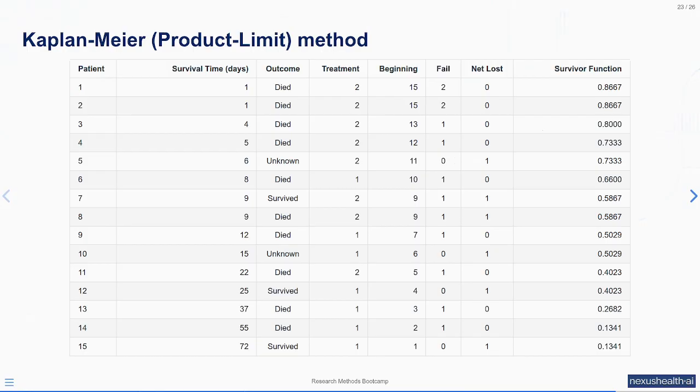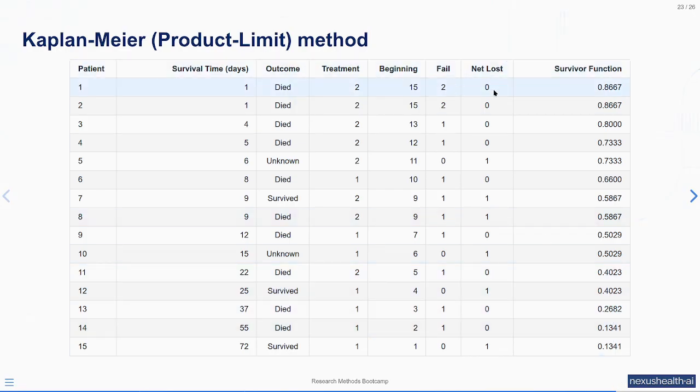So here's the full table. So look at this. So beginning we had 15 people. So on this day 1 died. So this is the survival function. So this is calculated for each time interval, and so you can see this is the survival function as it changes over time in the study, right?